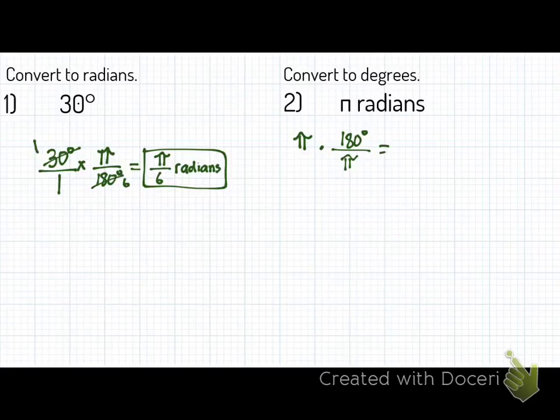And then I make both of these a fraction if I have to. Can I simplify anything before I multiply? What's pi divided by pi? 1. Okay? And then we got 1 times 180 is 180 degrees. And 1 times 1 is 1. So your answer is 180.